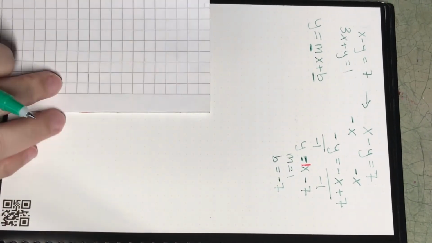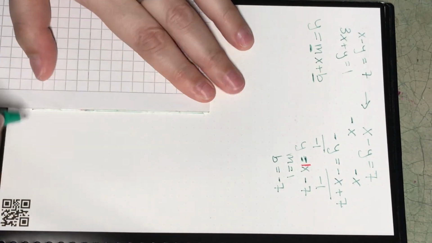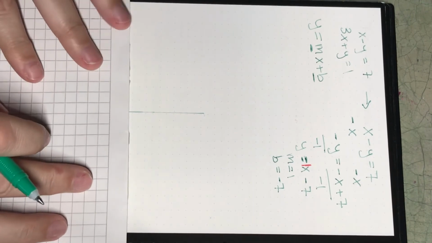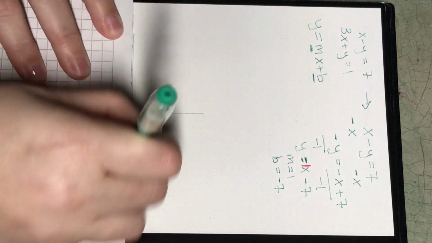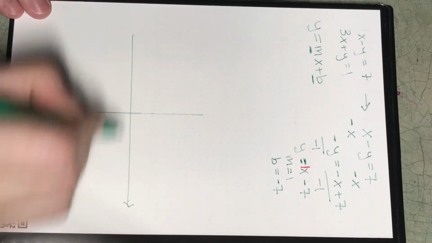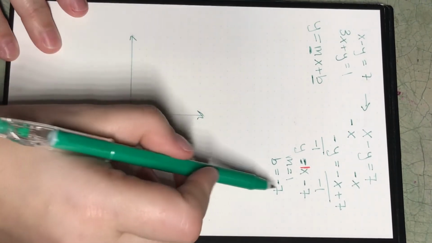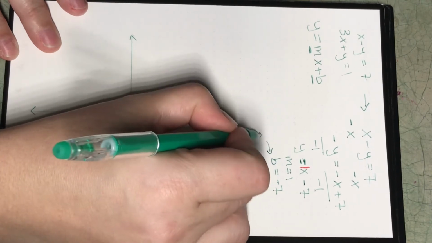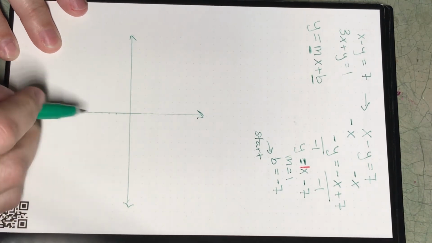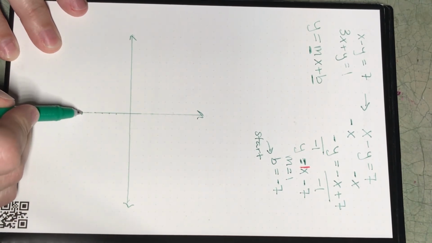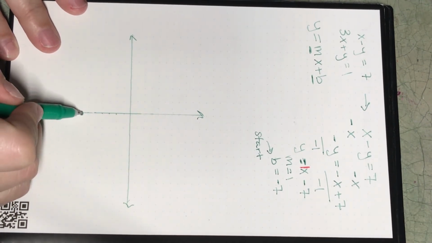So on my graph, I'm going to start at -7. This is where I start. 1, 2, 3, 4, 5, 6, 7. And then that's my first point for my line. So I'm going to make a point there.